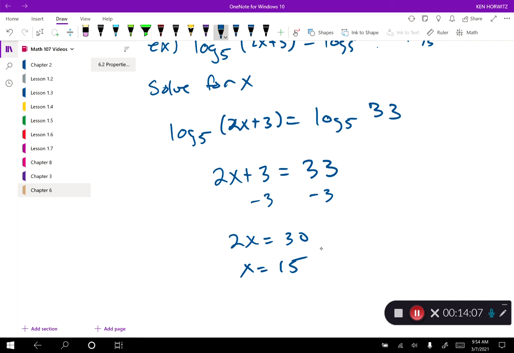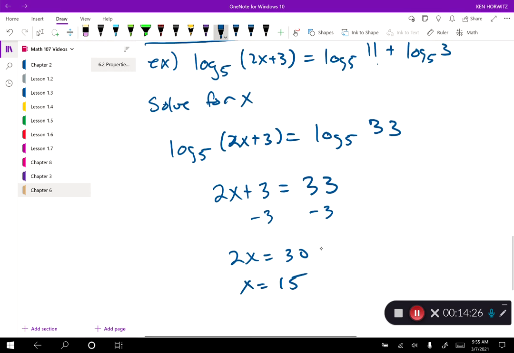All right, so now we need to check to make sure our solution is valid because our domain for logs doesn't necessarily include all real numbers. So we have to make sure that our solution falls within the domain.